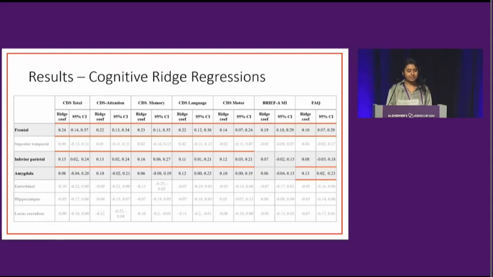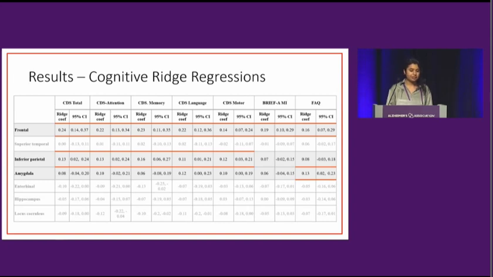And this is quite a busy slide, but what we can see here basically is that p-tau pathology in the frontal cortex showed significant associations across all of the cognitive scales, and the inferior parietal cortex again was significant according to the ridge regressions for the Cognitive Difficulty Scale and the rest of the factors.